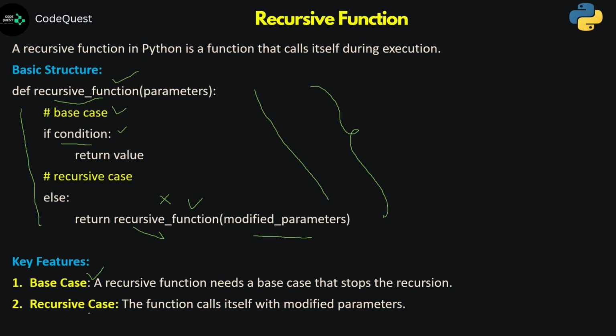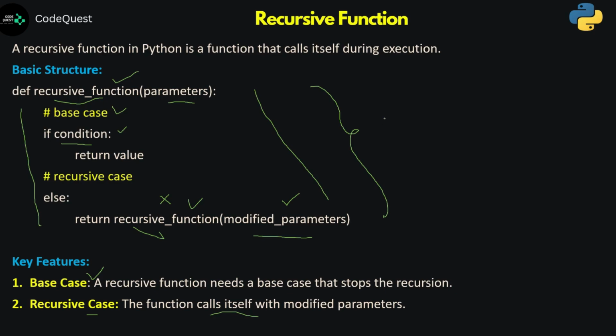And coming to the recursive case, where the function is calling itself with some modified parameters. Initially, this function would have been called with a particular parameter, but at a later stage, the same function will be called again and again with some modification done to the parameter. If there is no modification done to the parameter, once again this recursion will take you to an infinite time of execution, which is never going to stop.